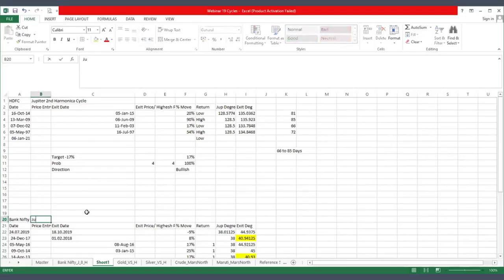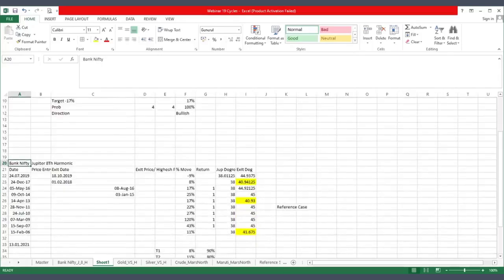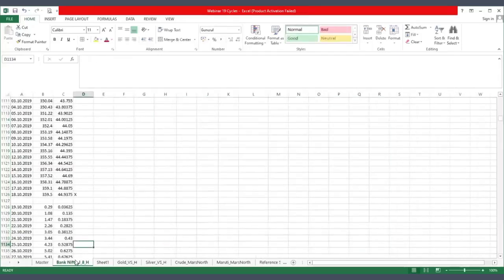This one is Jupiter again, but 8th harmonic. Now I am removing this cycle. Go back and will bring PNB here.